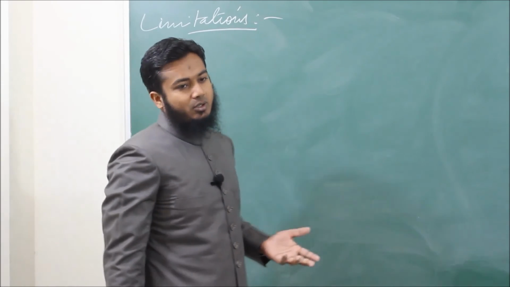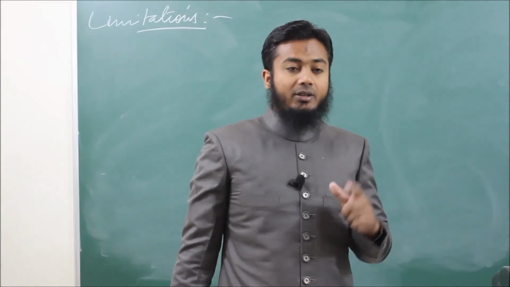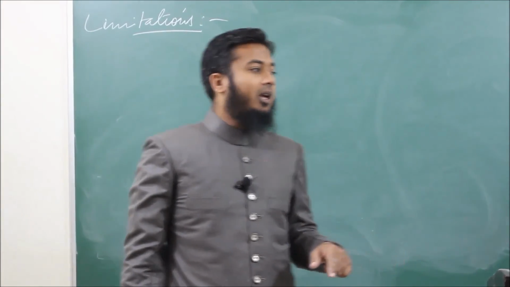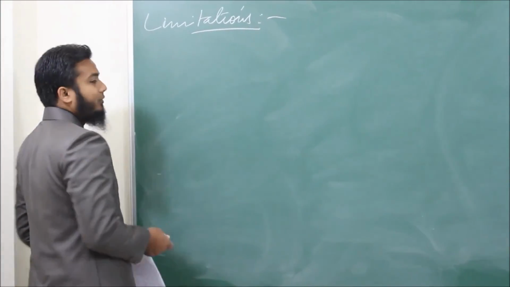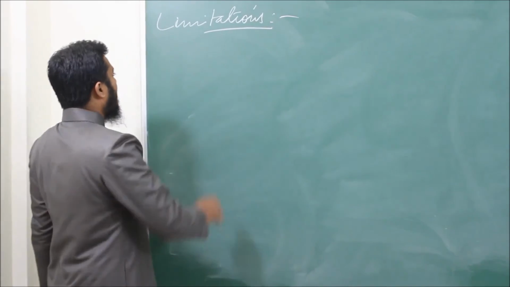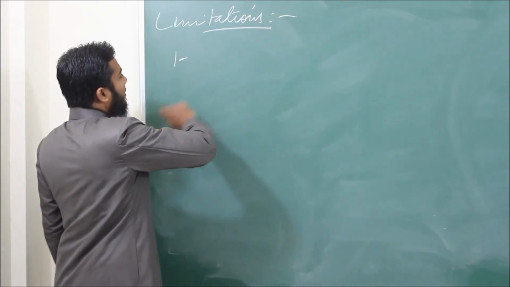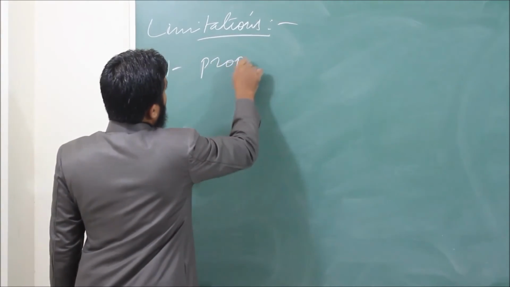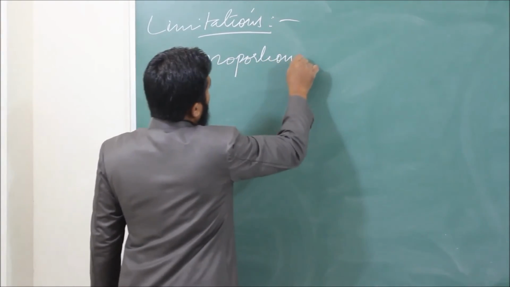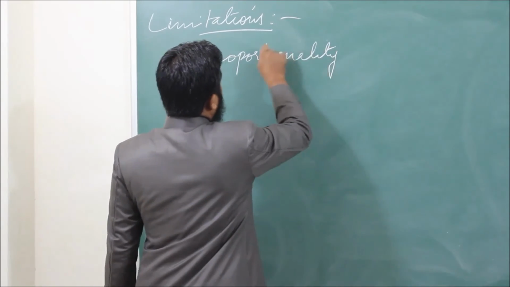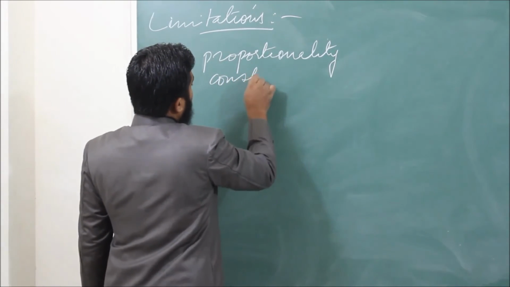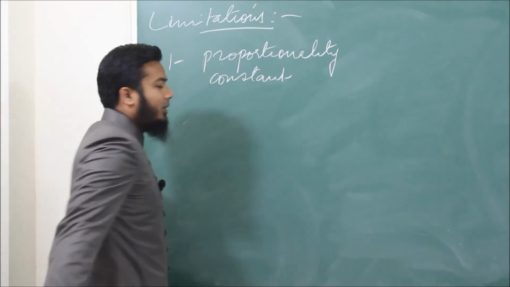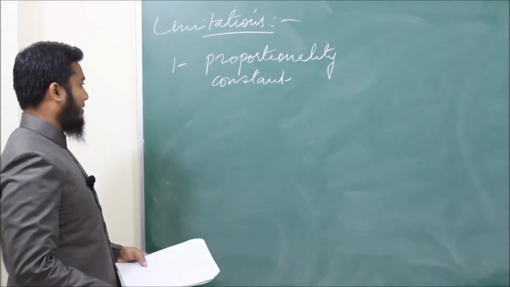If any proportionality constant is appearing in the dimensional formula that we are deriving, we cannot find the value of that constant. The value of the proportionality constant cannot be calculated by dimensional analysis.